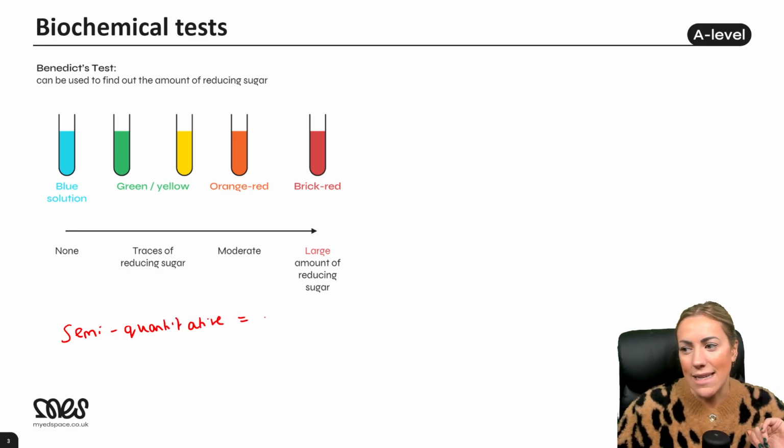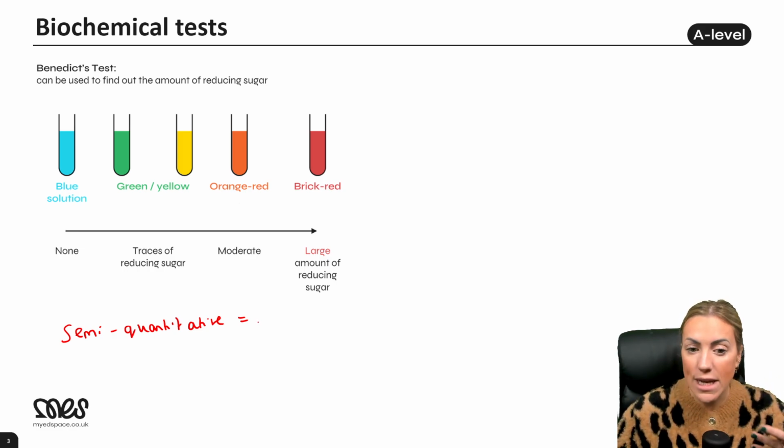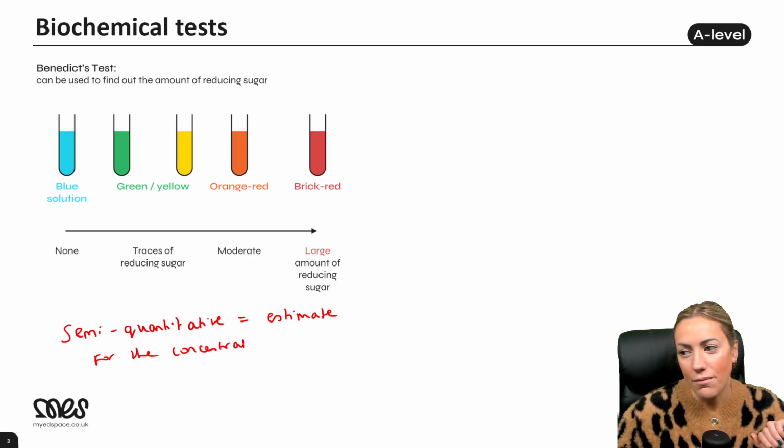And what this means is you're not getting numerical data for the concentration of sugar. So it's not fully quantitative. You're not going to get the actual concentration. But you can get an estimate for the concentration of sugar, whether that be reducing sugar or non-reducing sugar.